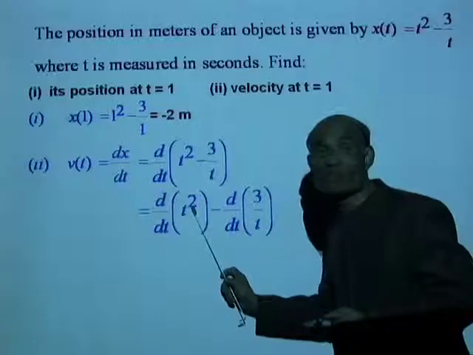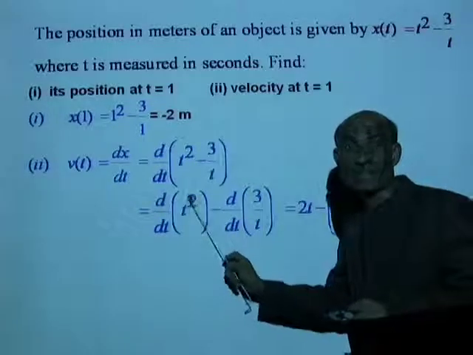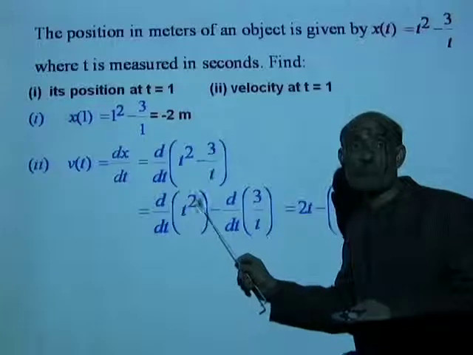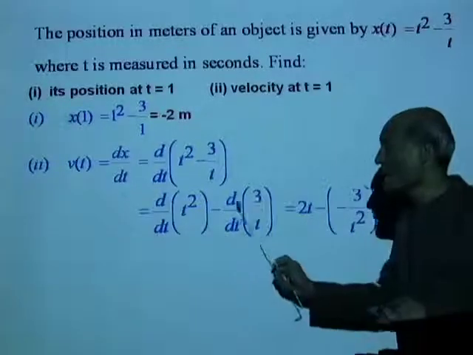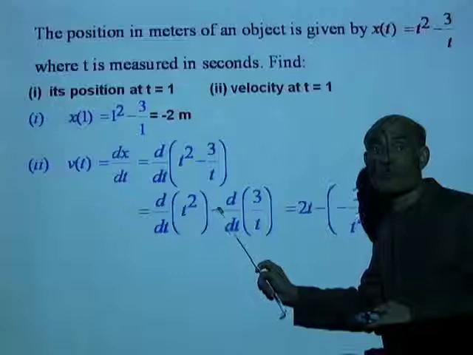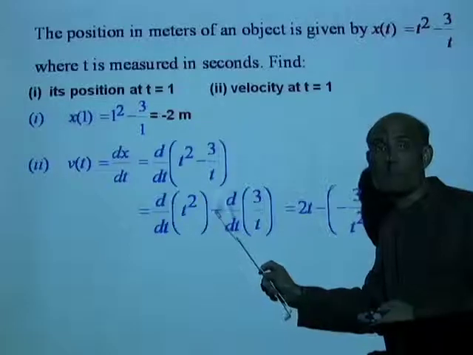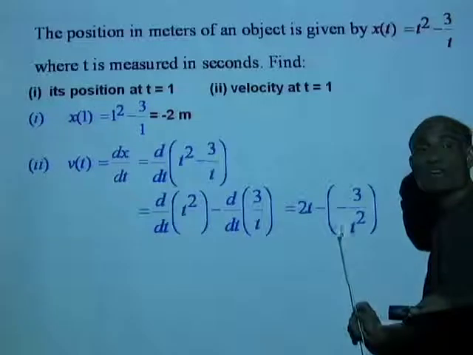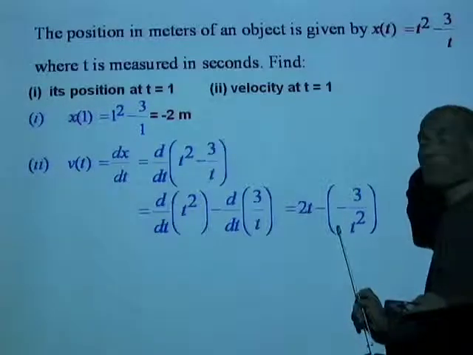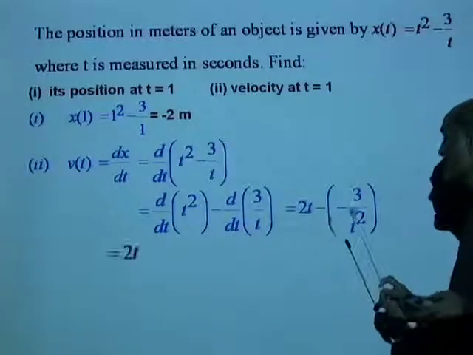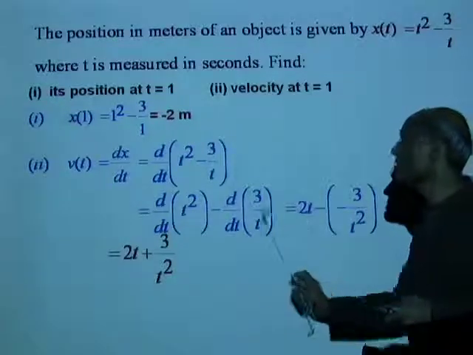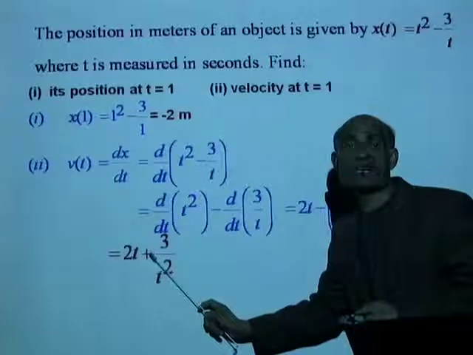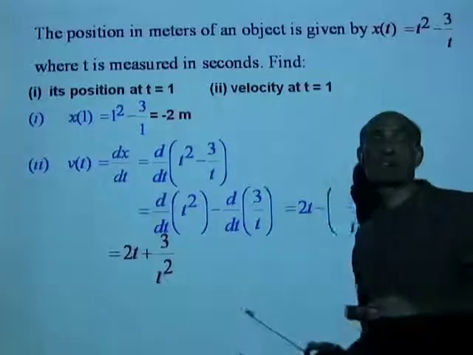And what is the derivative of t squared? The derivative of t squared is 2t to the power of 1, which is 2t, and minus, now watch those signs there, minus the derivative of 3 over t, which is negative 3 over t squared. And now combine the two negative signs, you get the velocity function: 2t plus 3 over t squared.